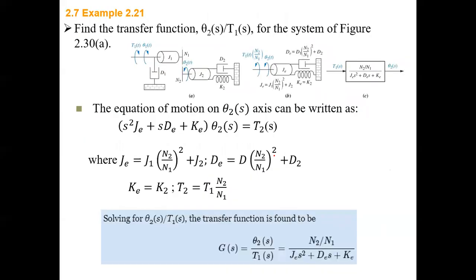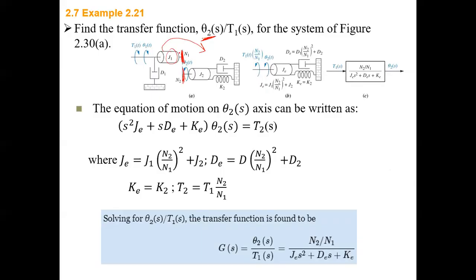So here, my goal is to get to theta 2, right? So that's why I want theta 2, but I have to change everything else to theta 2 from left to right. Theta 2 is on the right side. So J1 goes to right. When J1 goes across gear, this is gear, this is gear. This is your destination, this is your source.